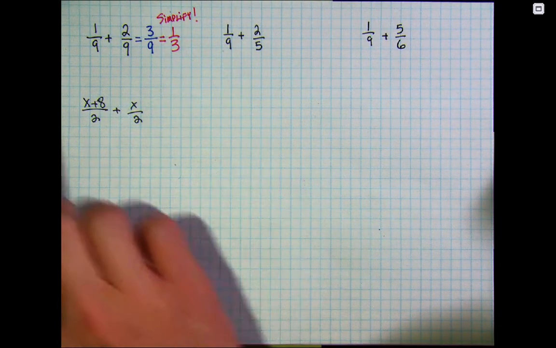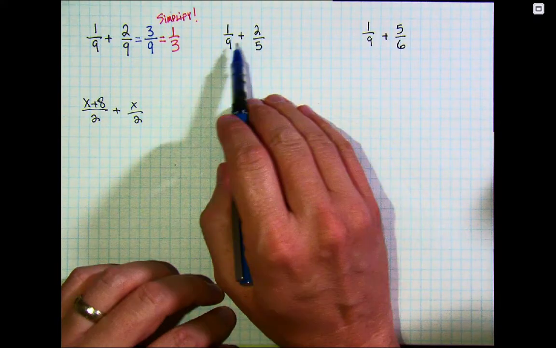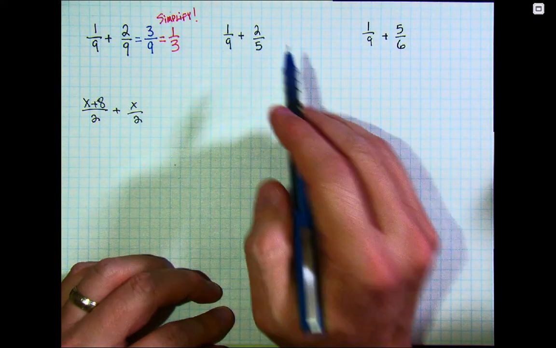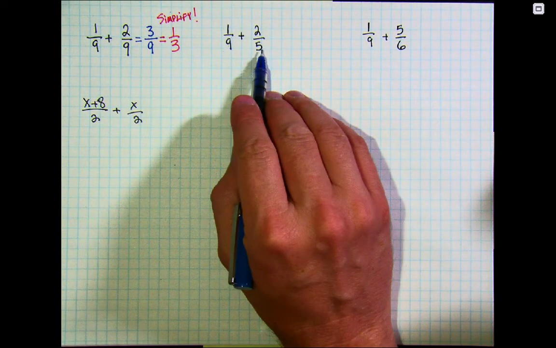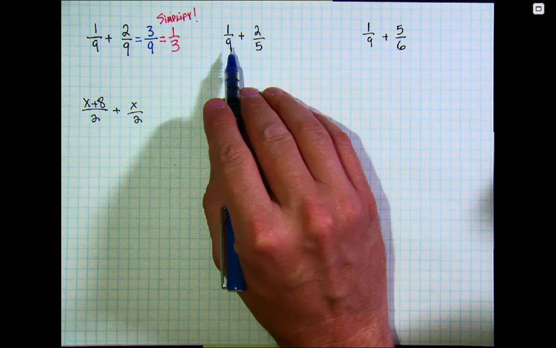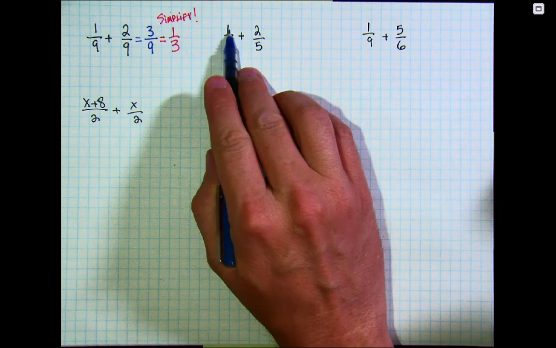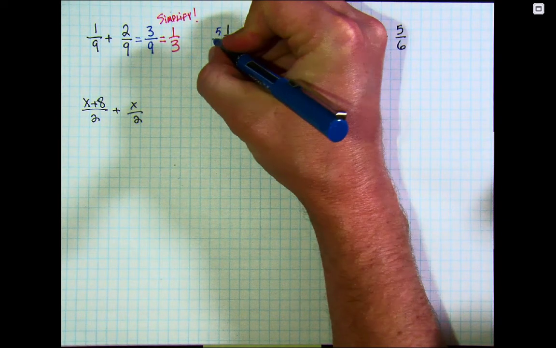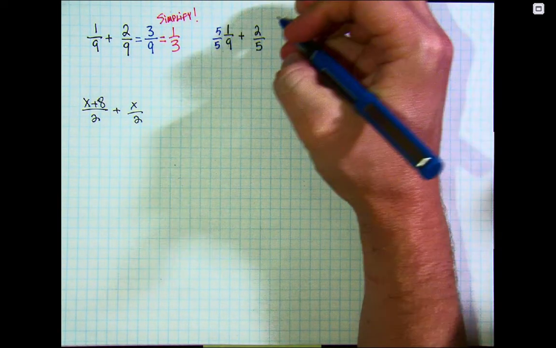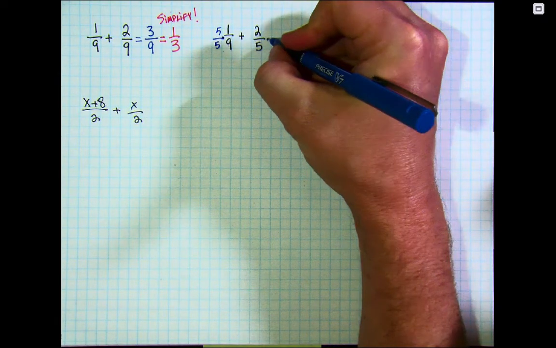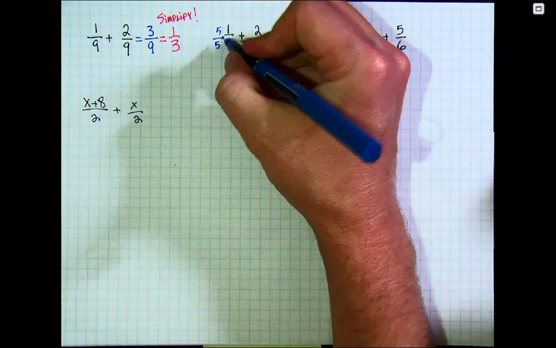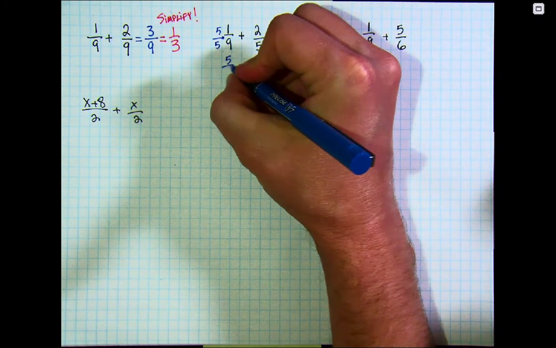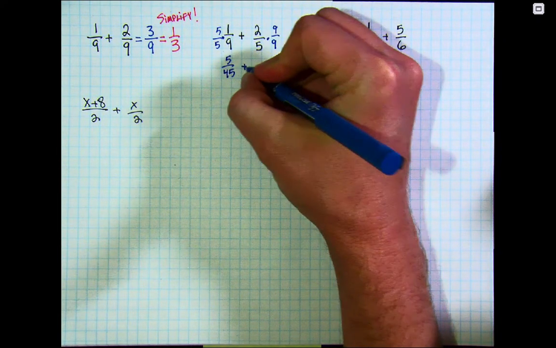Now, it can get a little bit more complicated, like 1/9 plus 2/5. We do not have a common denominator. So typically in this kind of situation, we take the ninths and multiply by fifths, and we take the fifths and multiply by 9 over 9, so that we turn both of them into 45ths.